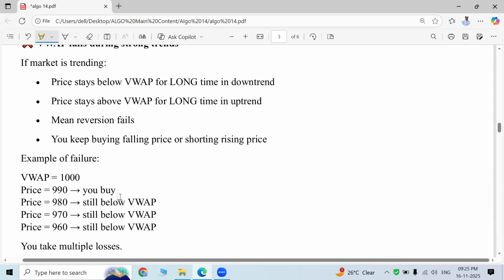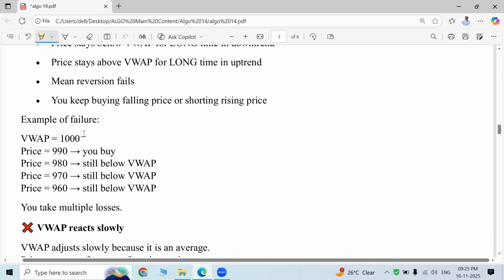Let me give a simple example: the price is 1000, VWAP is 1000, the price falls to 990 and you buy. Again it comes to 980, 970, 960, and you are in a buy position from 990. There will be a huge loss at this level, because the algo is very simple: it buys below the VWAP value. So multiple losses are possible.